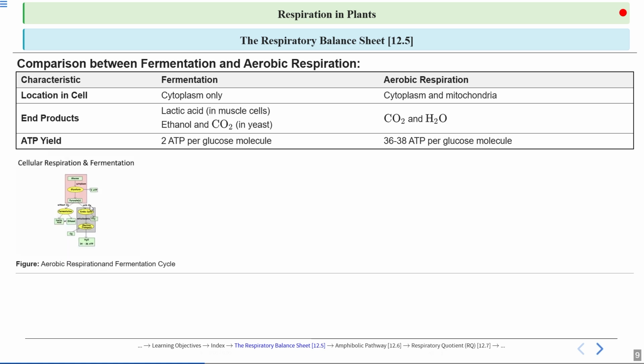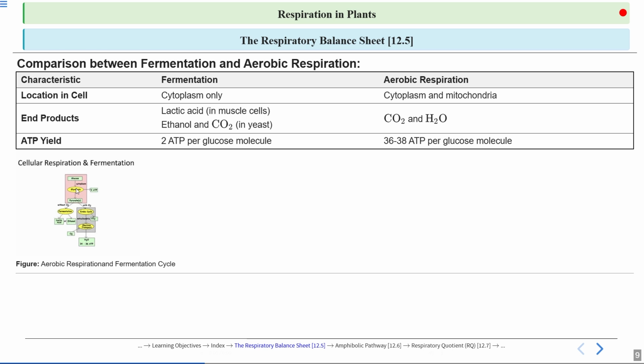So again here in the diagram you can see the location: glycolysis is taking place in the cytoplasm. In this process, 2 ATP are produced. Different types of cells will handle this pyruvic acid depending upon the availability of oxygen.